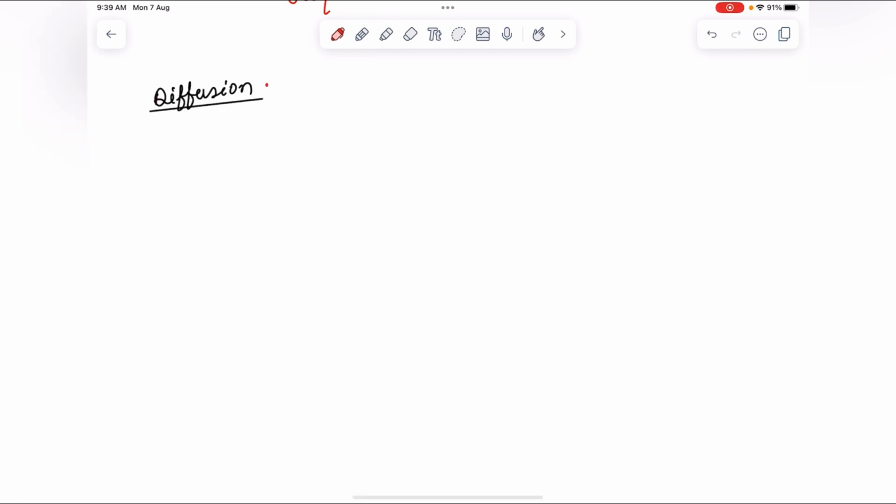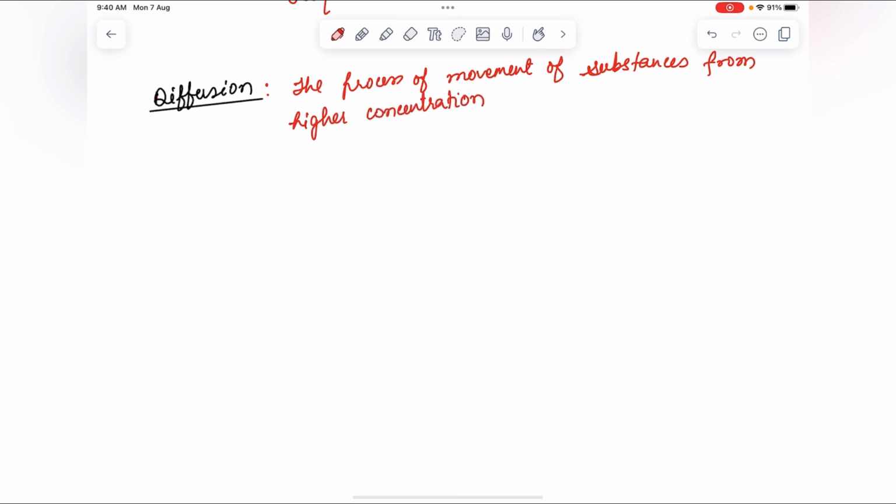Diffusion is a process of movement of substances from higher concentration to lower concentration to spread uniformly in the given space.